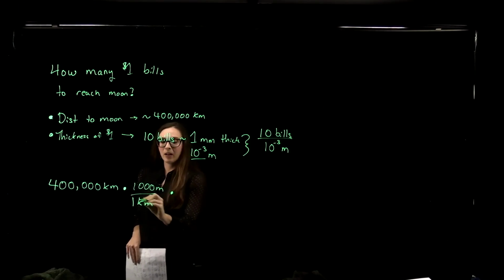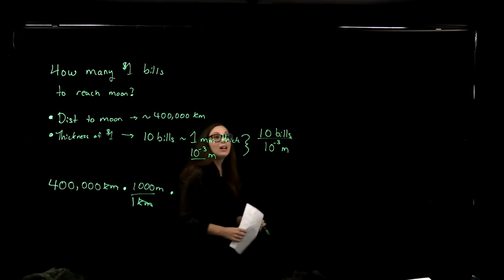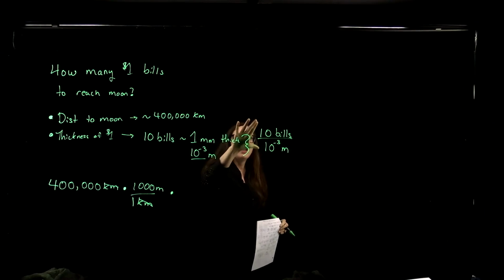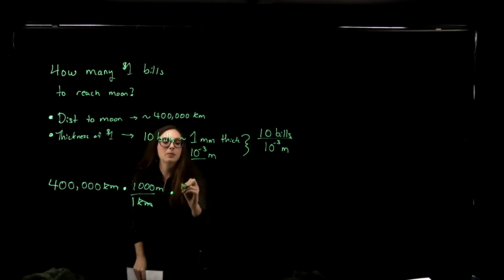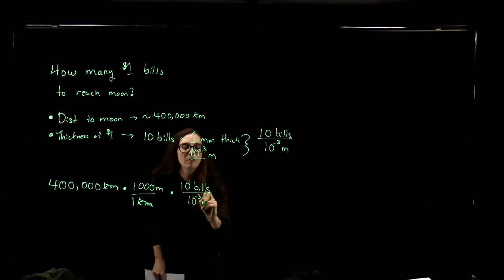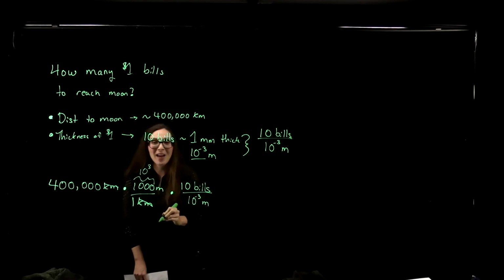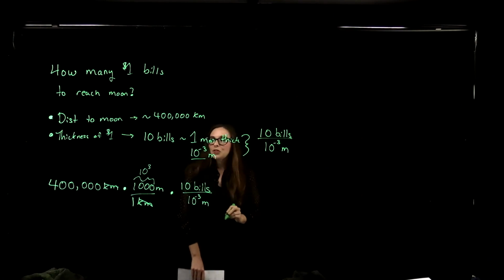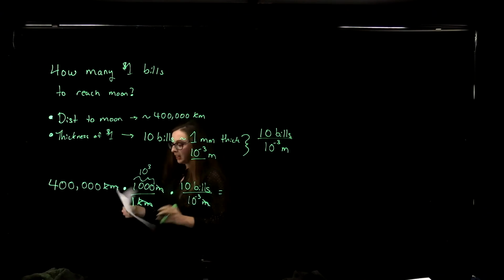So my kilometers cancel here. Then I multiply by my conversion factor for the thickness of my 10 bills stacked together: 10 bills is 10 to the minus 3 meters thick. Remember, 1,000 is the same thing as 10 to the positive 3. So my meters cancel here and here.